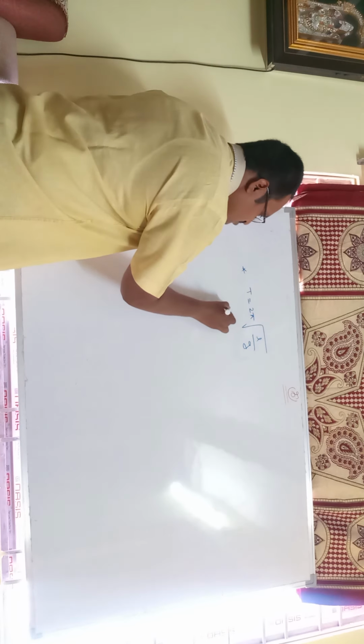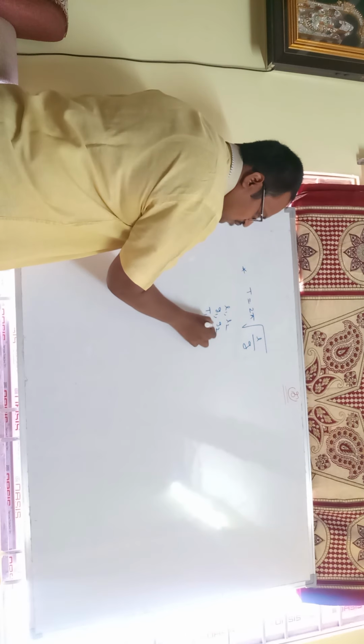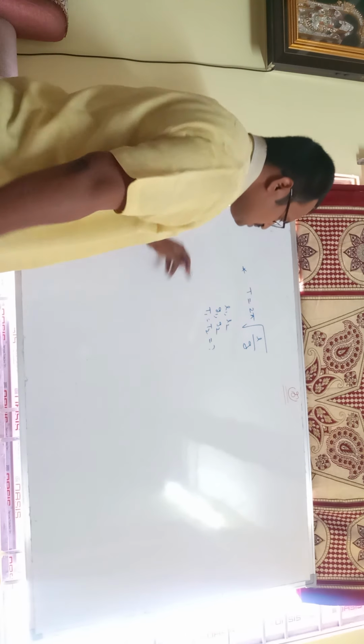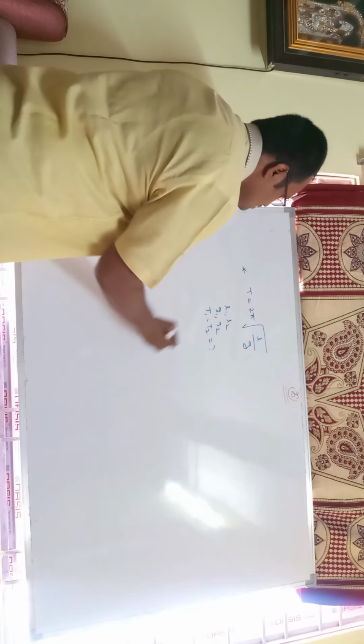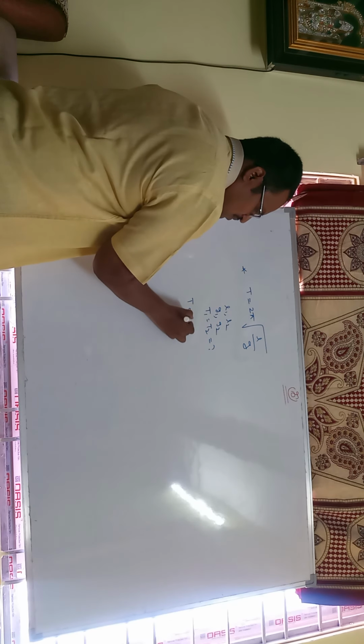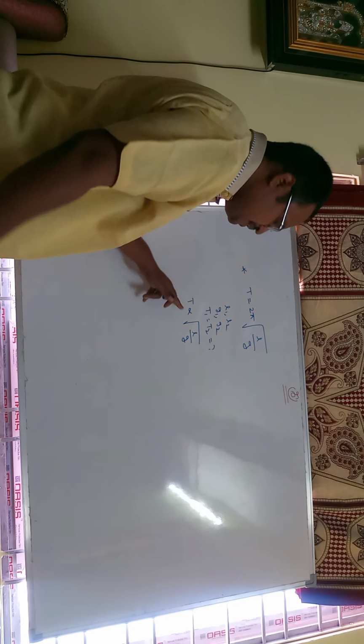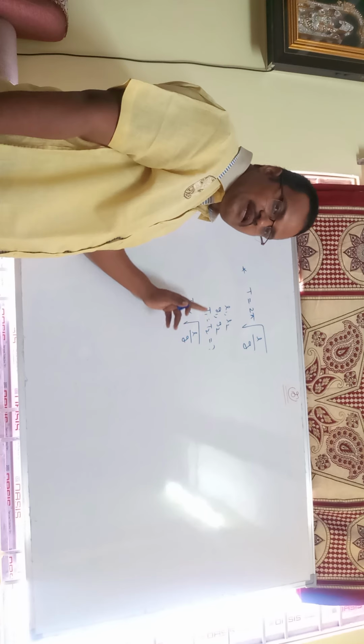In the given problem, they give two length values l1, l2 and g1, g2 values. They ask to find the ratio of time periods. T is directly proportional to root over l by g.